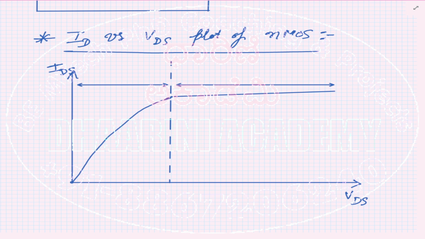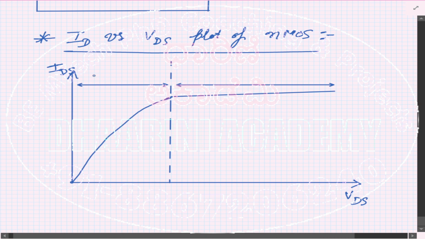On the left hand side, this region is called the ohmic region, and this region is called saturation, right? Two regions. Now for the ohmic region, the condition is that the drain to source voltage VDS should be lesser than the gate to source voltage VGS minus the threshold voltage VTH.